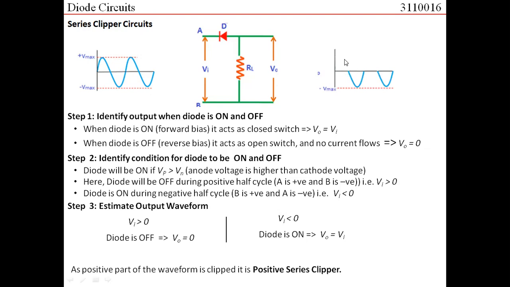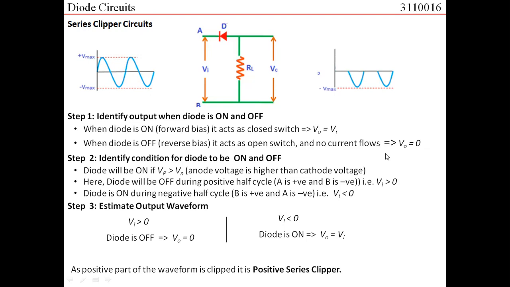In the positive half cycle, when Vin is greater than 0, output voltage is 0. You can follow my cursor. Whereas when Vin is less than 0, that is in the negative half cycle, my output is the same as Vin.